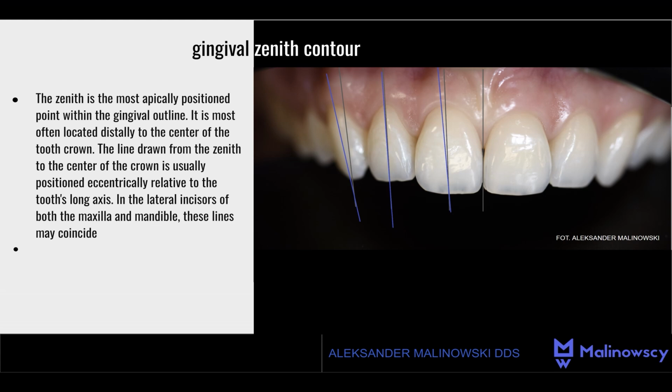The line connecting the zenith to the crown center typically exhibits an eccentric position relative to the tooth long axis. So here you can see the tooth axis and the zenith contour line. It's a little bit eccentric, except for the lateral incisor.